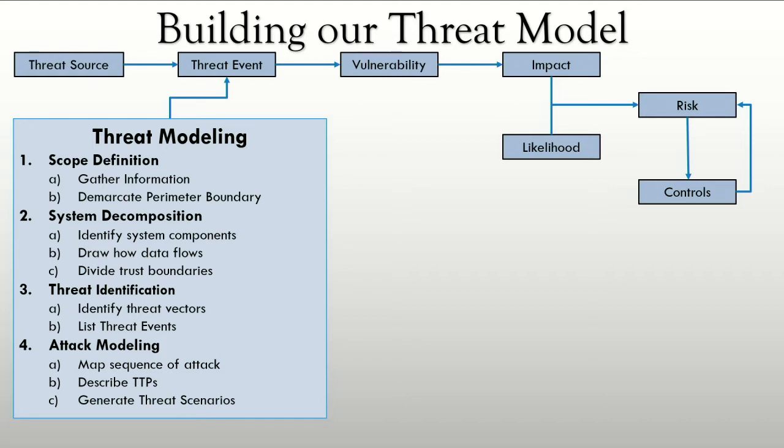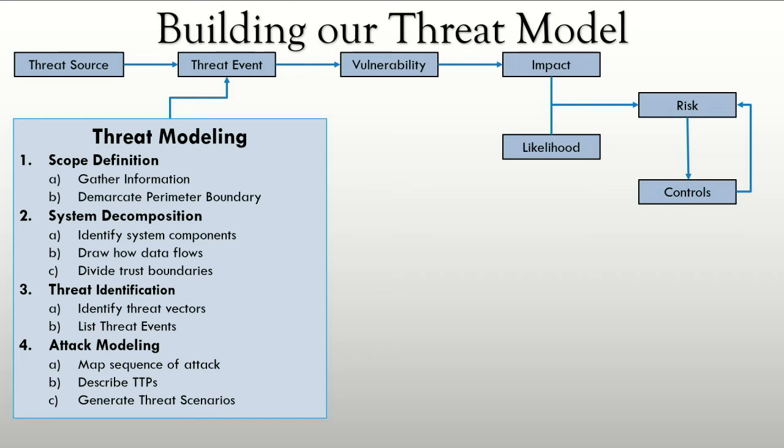So what does that mean? It means understanding anything that, willing or unwilling, will do harm to our organization. How it will do that, why that would happen, and how timely is the information that we have about our current threat source.